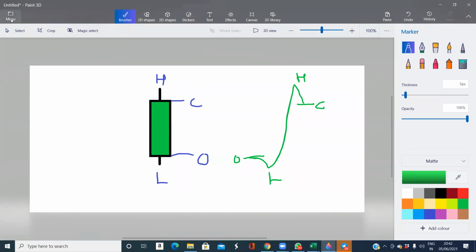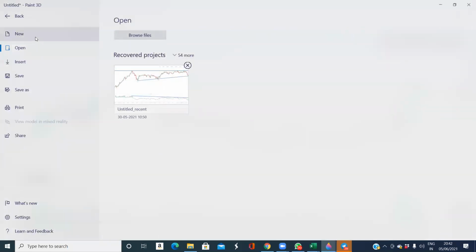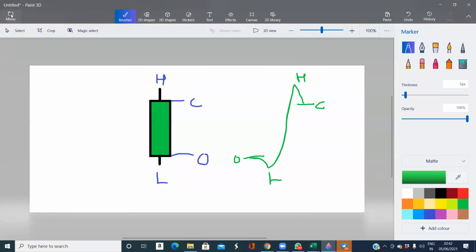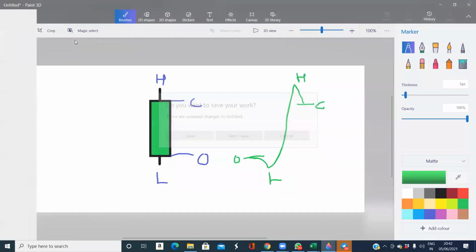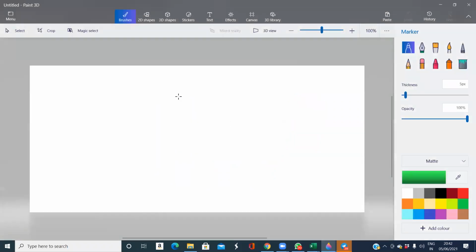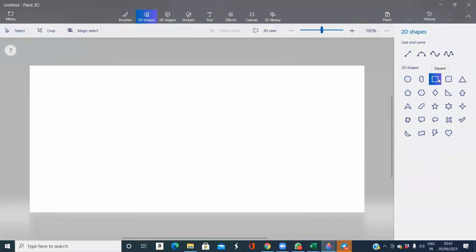Okay. For the red candle, again, this is the candle.